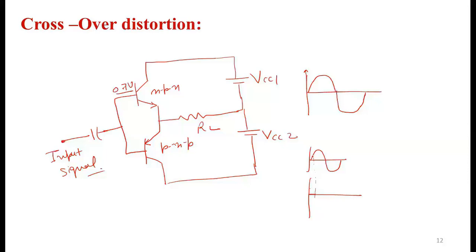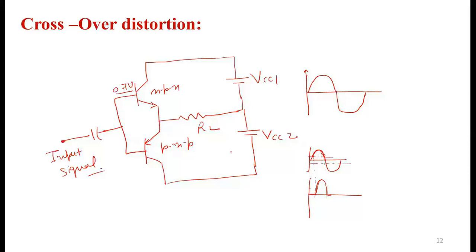When it is more than 0.7 volt, from this point to this point, the transistor will be on and we will receive the output. Again, when it is less than 0.7 volt, up to this point, our output will be 0.